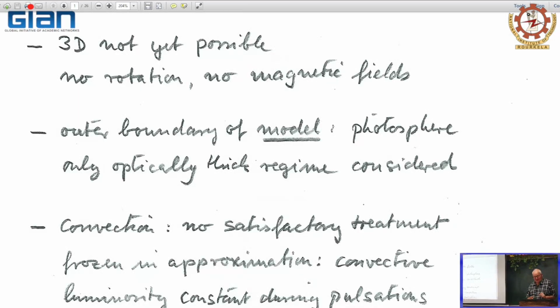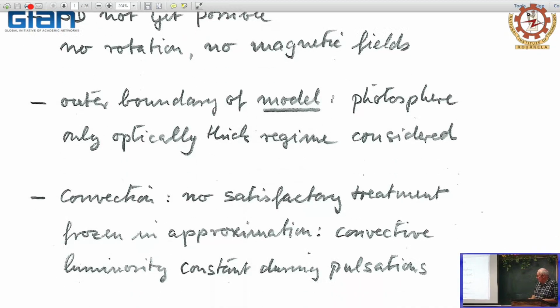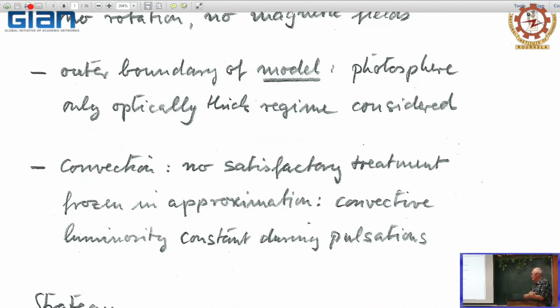Well, and the second drawback of all these simulations is similar both to the stationary hydrostatic models and to the treatment of linear pulsation. Well, convection, we do not have a satisfactory treatment. But that's true for all kinds of treatments of pulsations.